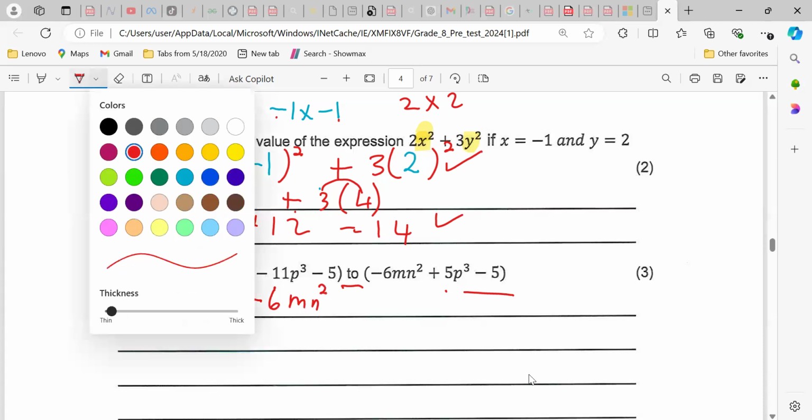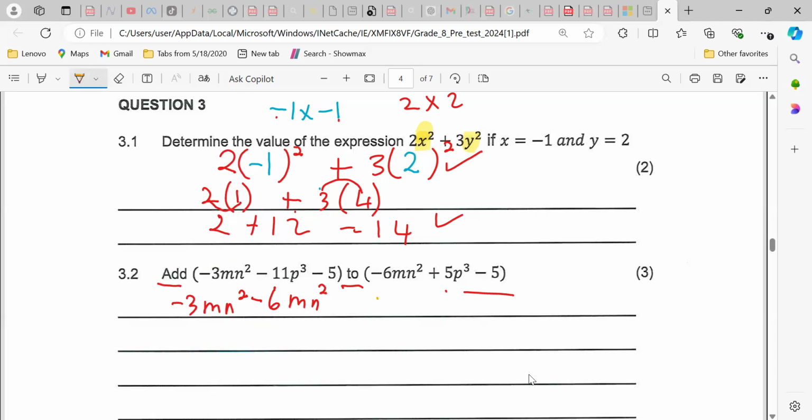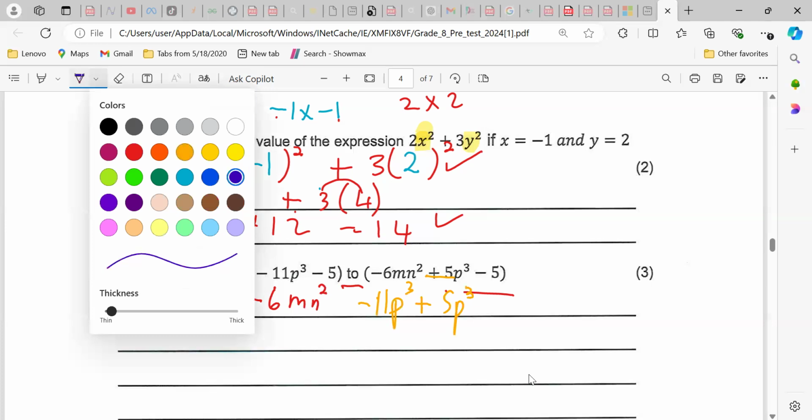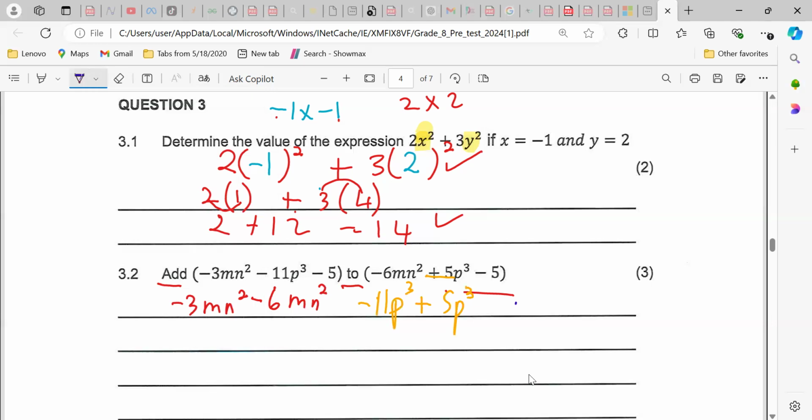Do we have any other like terms apart from this one? Yes. What do we have? 11p cubed. It goes with who? Plus 5p cubed. Okay. Do we have another one? Yes. We have -5. It goes with -5.